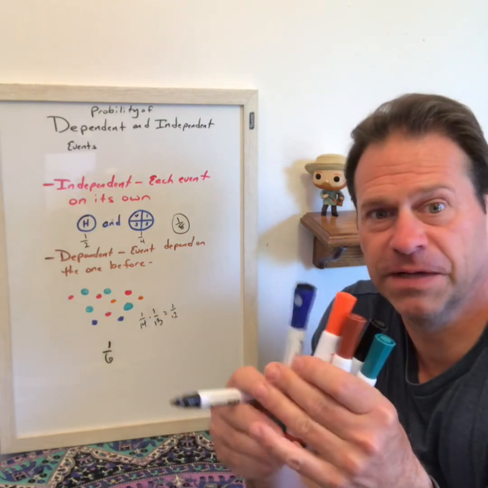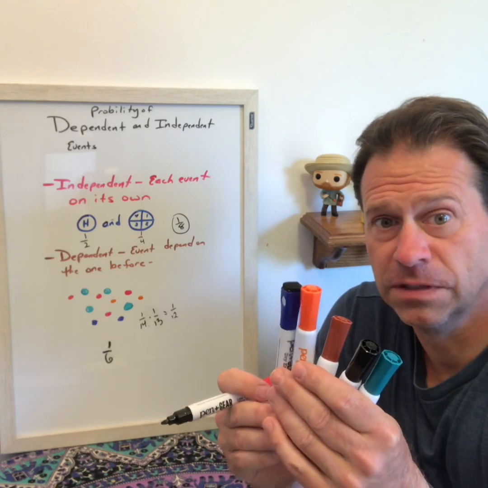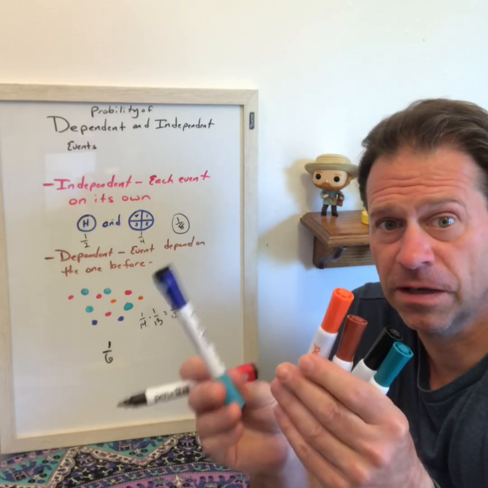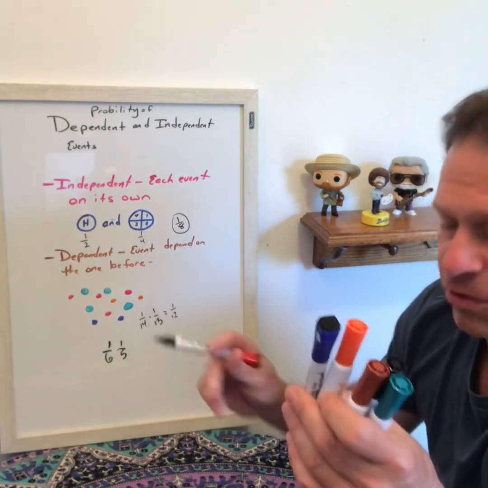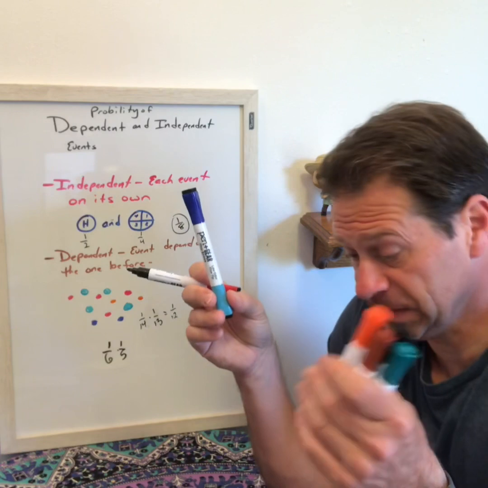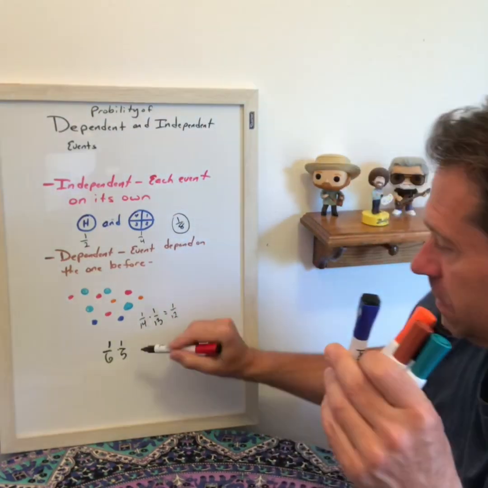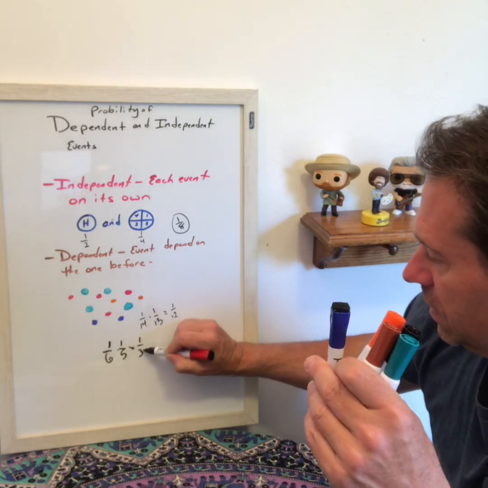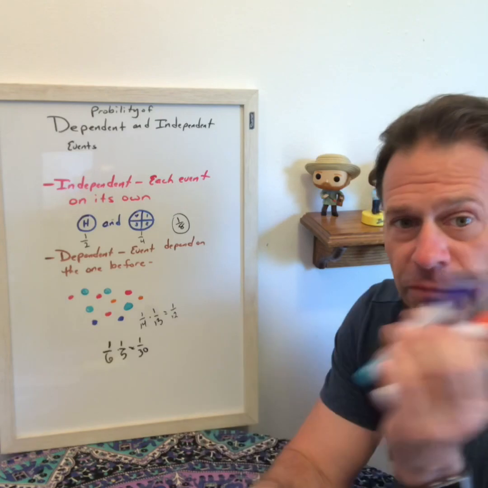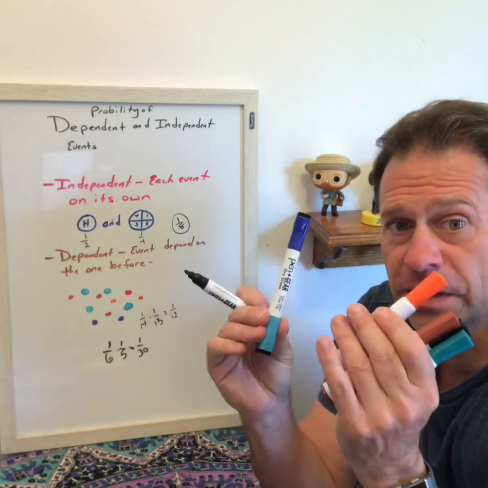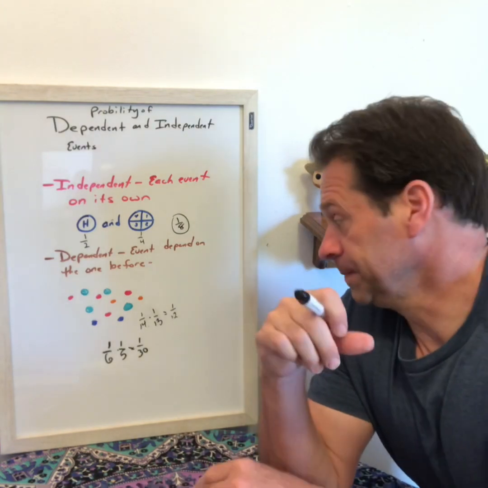But the chances of me drawing another blue out of this is a 1 out of 5 chance. So the chances are 1 out of 6 and then 1 out of 5. So the chances that I draw 2 blue, because it depends on each other, because I'd have to draw a blue the first time, draw a blue the second time, it'd be 1 out of 30 chances that if I drew 1 and did it again without replacing it, drew the other one, that would happen. And that's a dependent event.